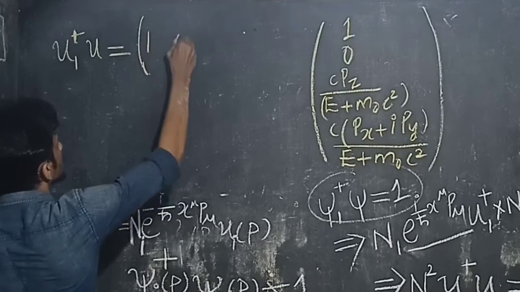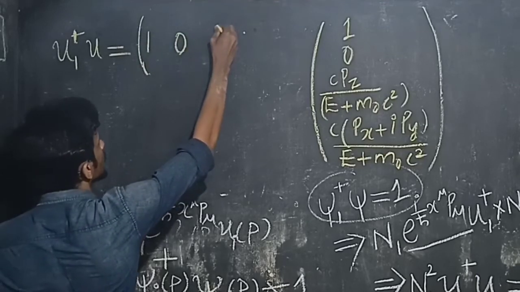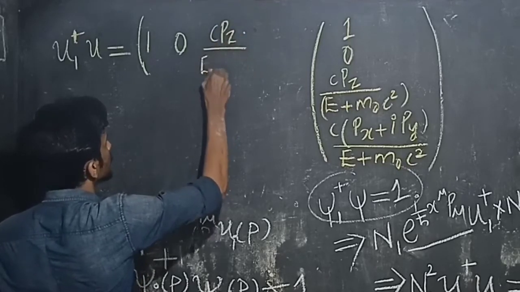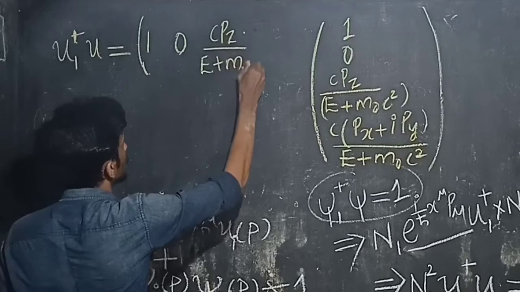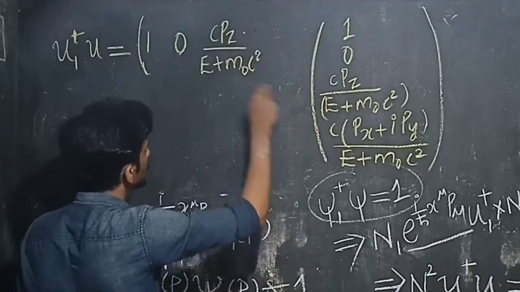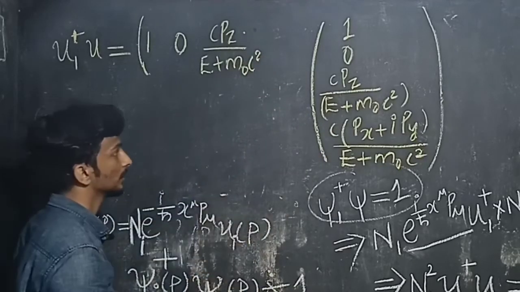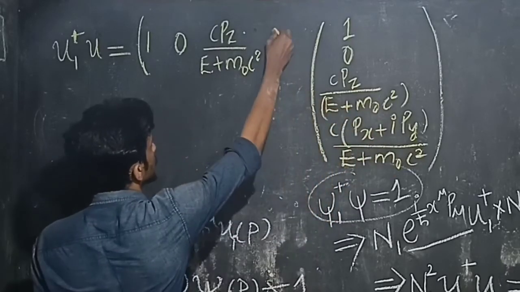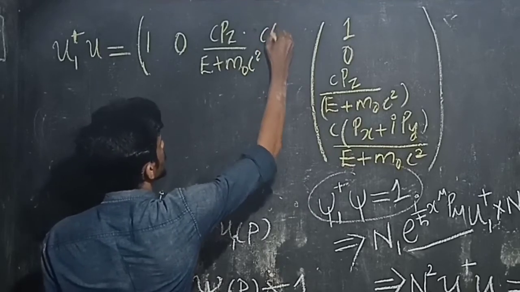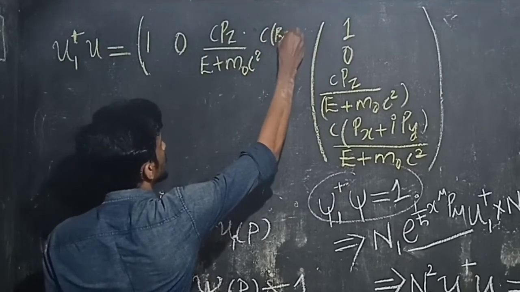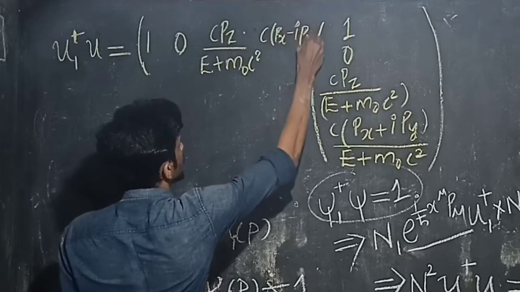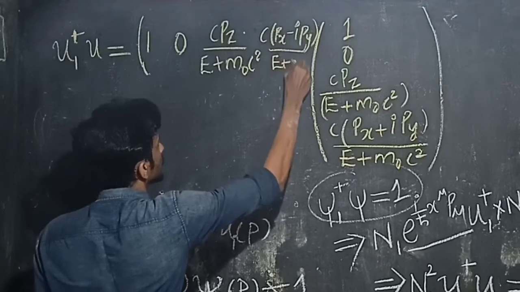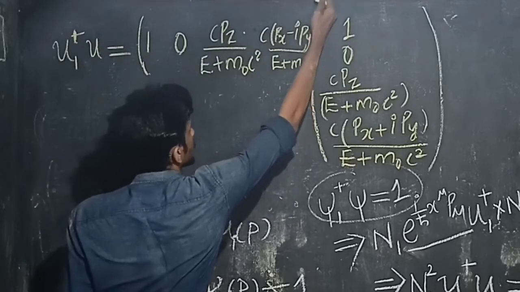1, 0, c pz over E plus m naught c square, and it's also the transpose complex conjugate of the matrix. So its complex conjugate is c px minus i py over E plus m naught c square.